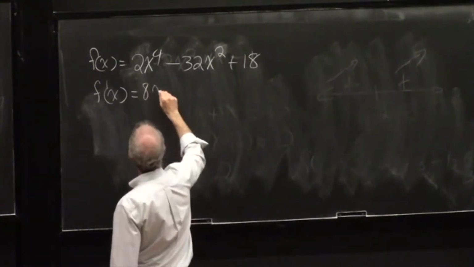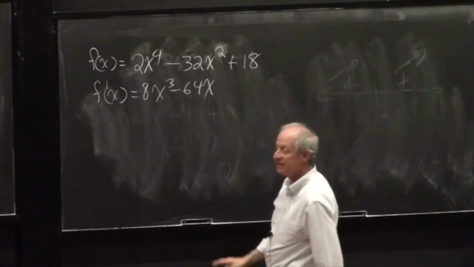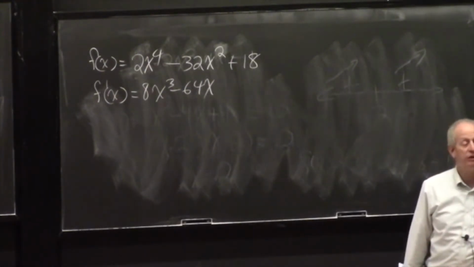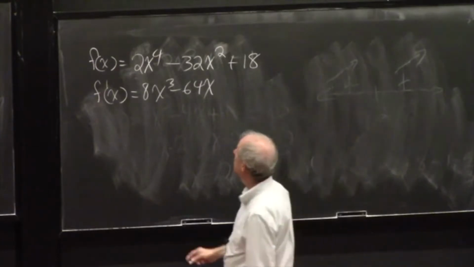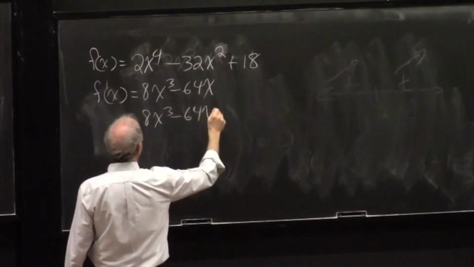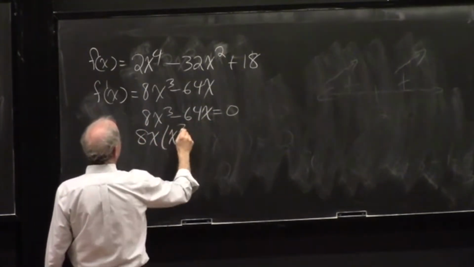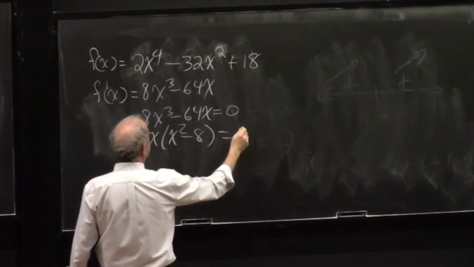So you get 8x cubed minus 64x. Now you have to set that equal to 0 to find the critical values. So 8x cubed minus 64x equals 0. You can pull out an 8x, and you're left with x squared minus 8.